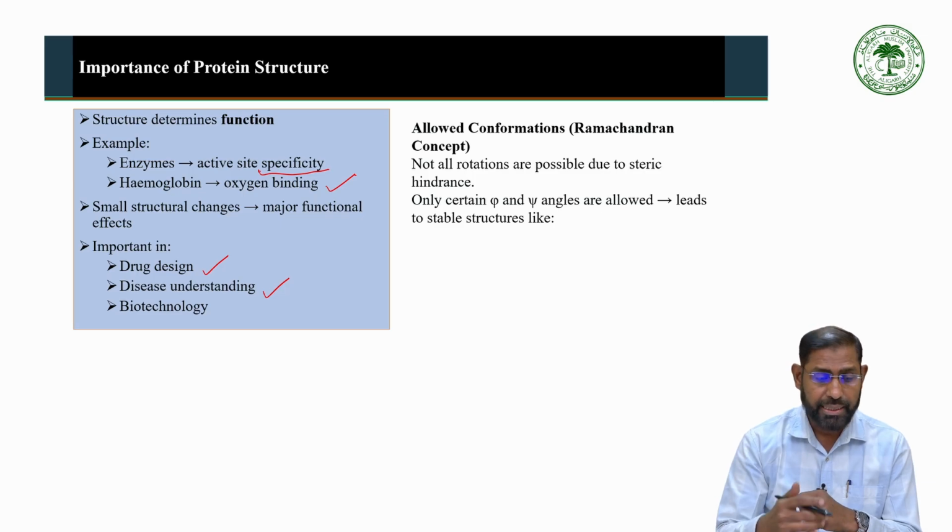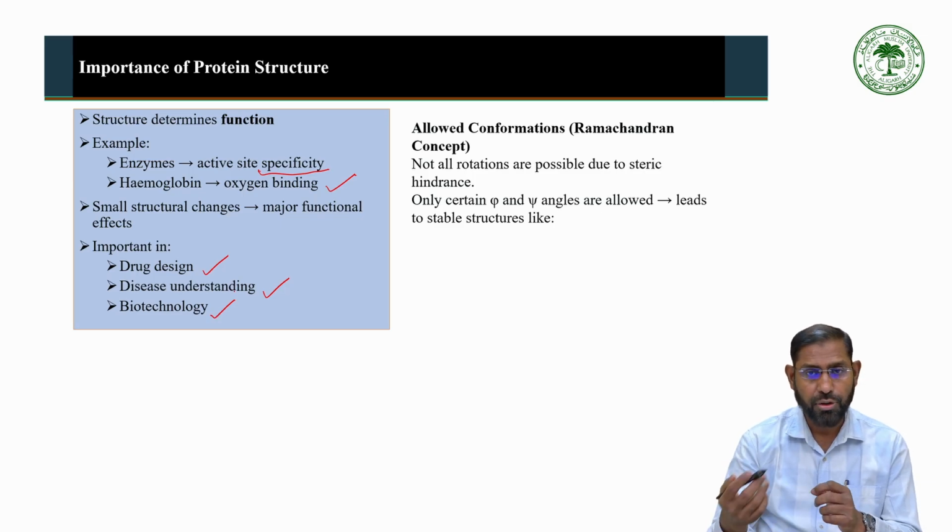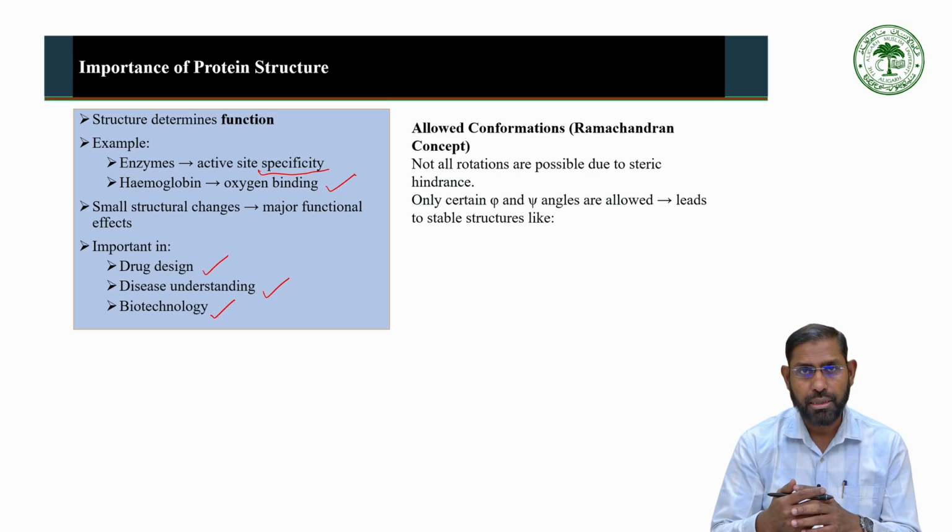And also applications in biotechnology: for industrial application, we can produce different types of proteins with the help of recombinant DNA technology. That's why biotechnology application is also important for knowing the structure of proteins. Allowed conformations come from the Ramachandran concept, meaning the Ramachandran plot gives us the idea of what kind of conformation is important.